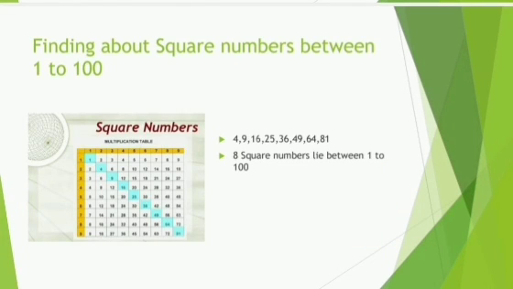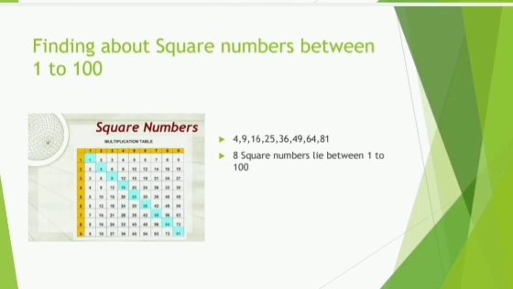Okay children? But I don't take 1 and 100 because I want all square numbers between 1 and 100. So the square numbers between 1 and 100 are 4, 9, 16, 25, 36, 49, 64, 81. These are 8 square numbers that lie between 1 and 100.